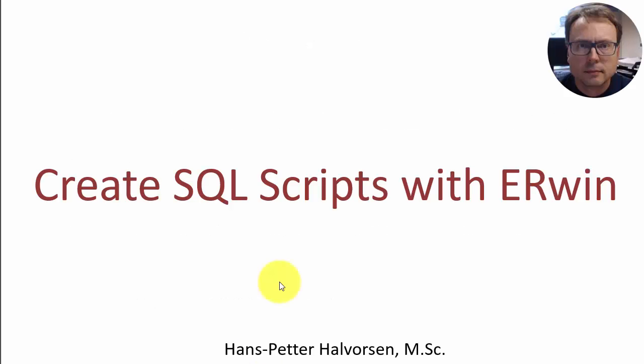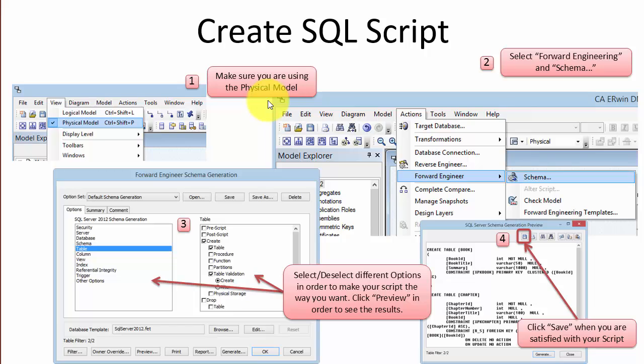Next, we want to create a SQL script with Erwin, so we can use that script within SQL Server or other database systems. So here is how we create such a script in Erwin. First, you need to make sure you are in the physical model, and then second, select forward engineering and schema in the actions menu like this, and then this window pops up, and then you select table, and then here you have lots of options you can select or deselect based on what you want to include in your script.